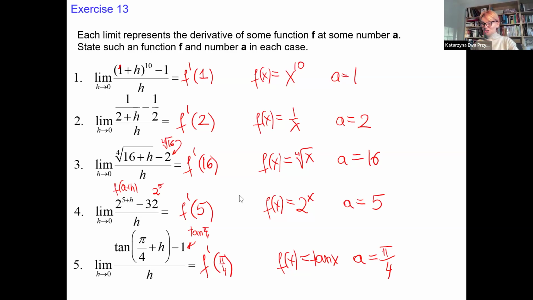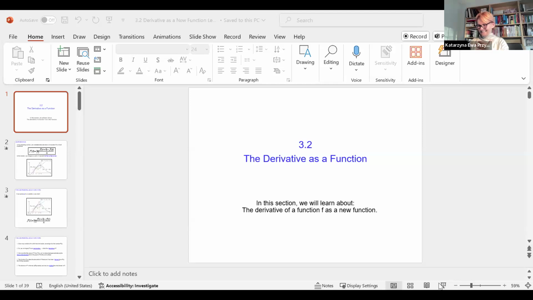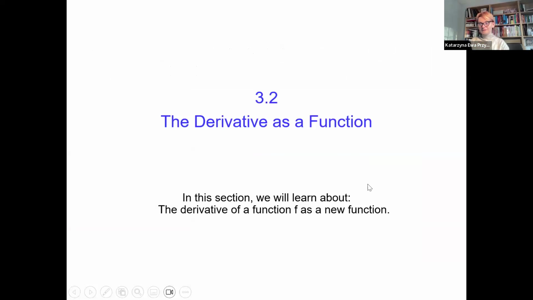Okay, I will switch the presentation. I will stop sharing this and I will share. Am I ready? I am ready. I will share this. Beautiful. Okay. Something is wrong.